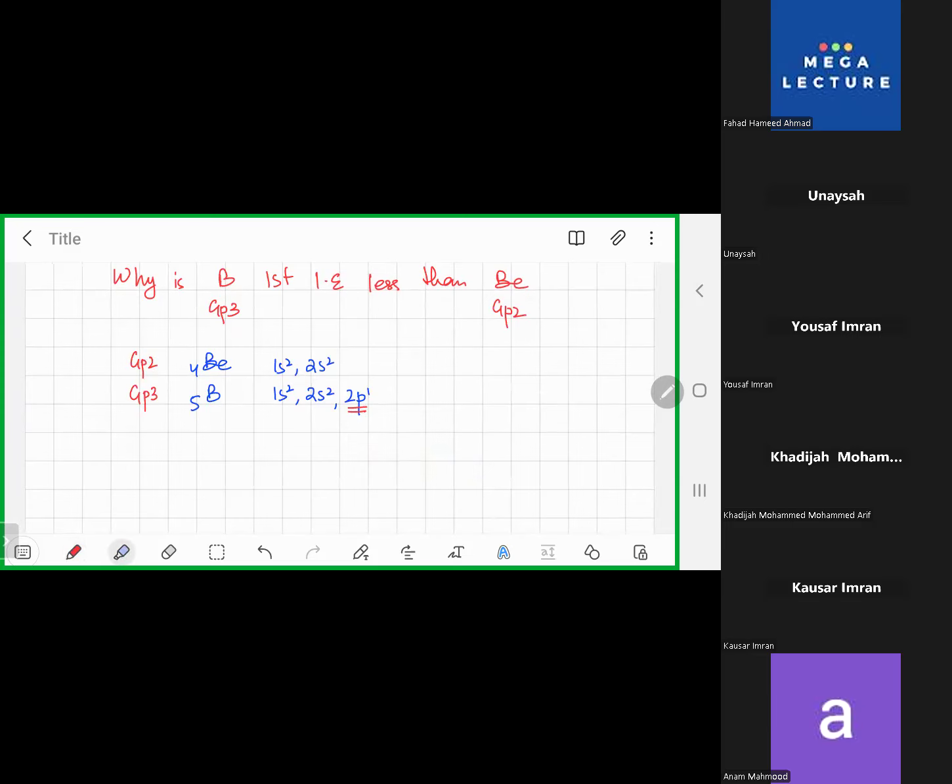So shielding slightly increases, the electron becomes further away from the nucleus because now it's in a subshell which is वो अगले वाले subshell में आ गए. So which is why it kind of becomes easier to remove electrons from the 2p subshell. ठीक है, because of the slightly higher shielding and slightly further distance.